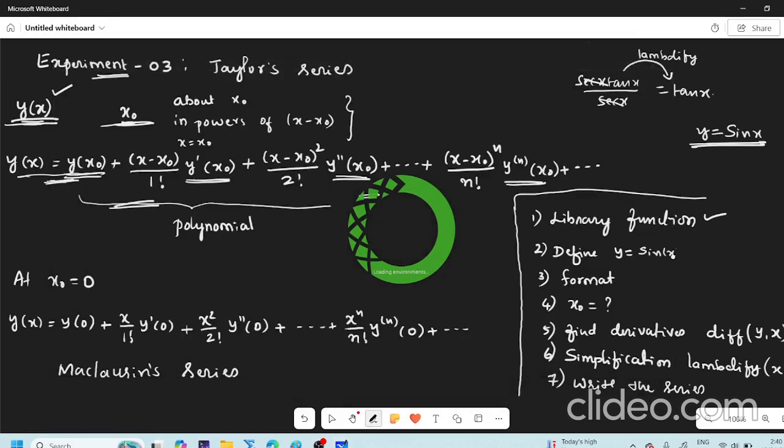Then after defining that, I should write this code format. Then I should write x naught. So for this x naught, I should write pi by 2, right? So generally I'll write float of pi by 2. So then what are the library functions required? Since I'm using variables here, you have to call simpy, right?